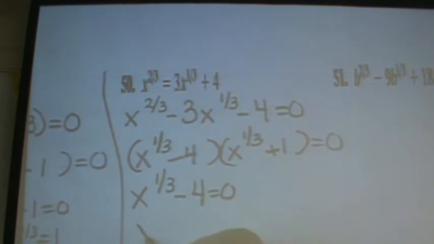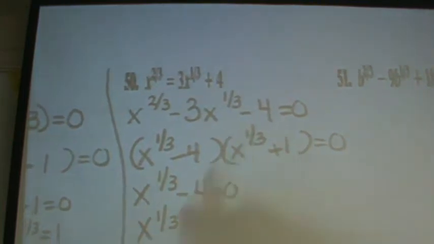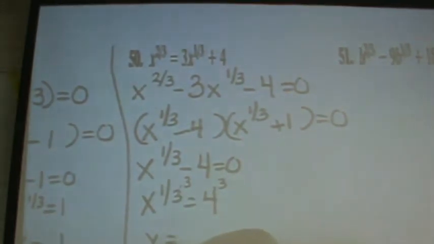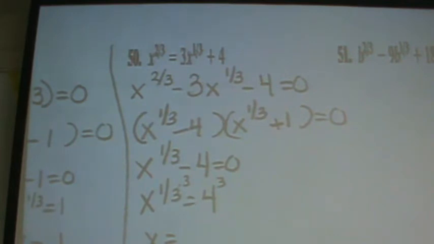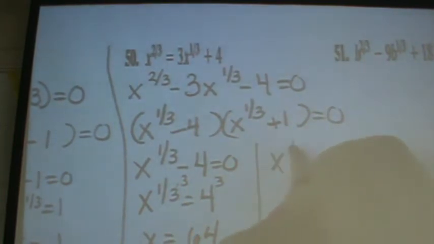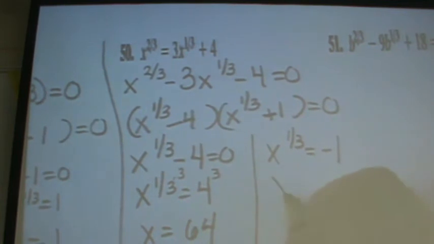Add 4. And now you're going to cube both sides. So 4 times 4 is 16, and 16 times 4 is 64. And we have x to the 1/3 equals negative 1 for this side. And if you were to cube both sides, x is equal to negative 1.